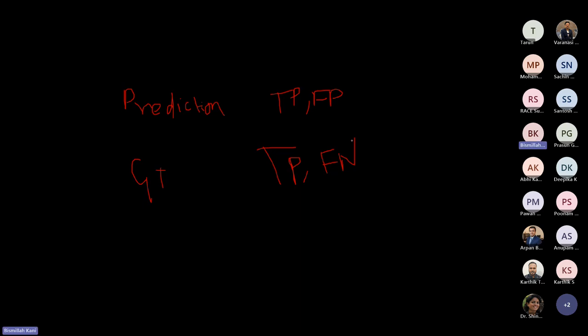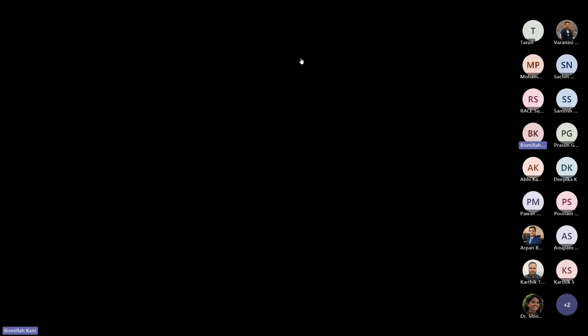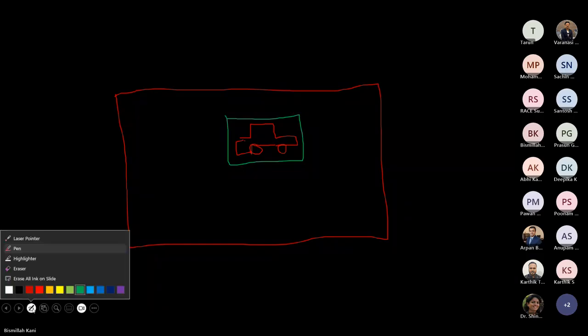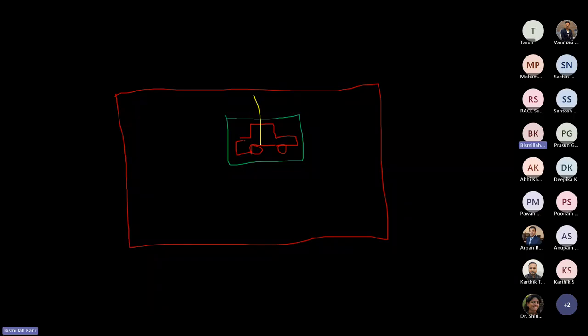If there is an object in the bounding box, it may not be an apple, it may be something else. The actual object is different, so you are correct, it's a false positive. So we had this car, right? This is the ground truth, and this is the prediction.